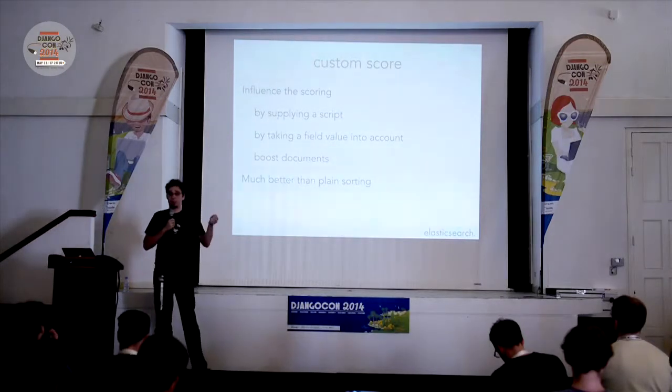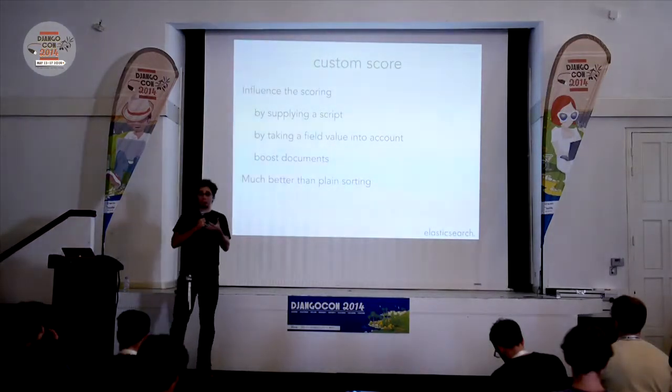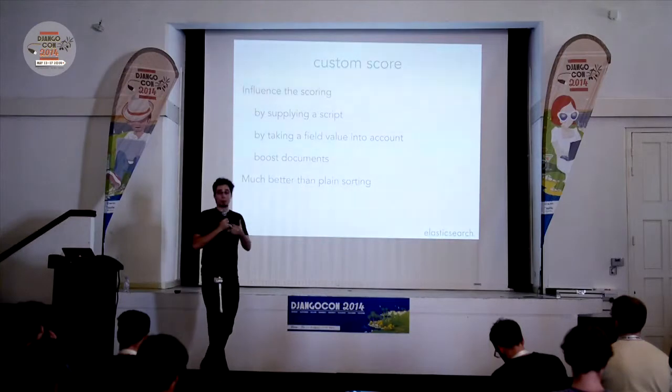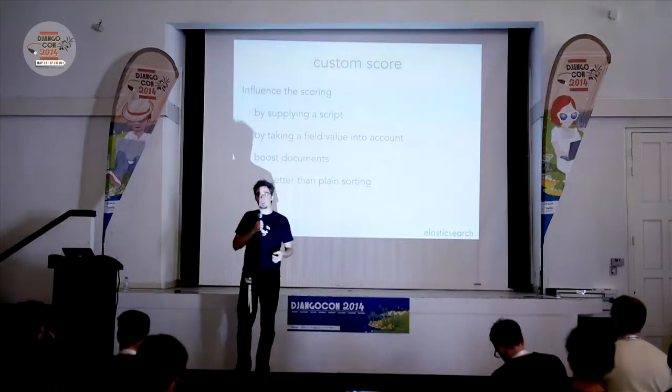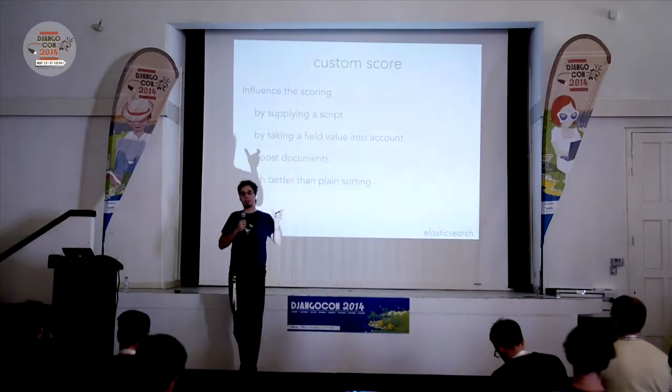You can even just plug in your own little script, your own little formula, for how to compute the score. So let's say you take the original score, you divide it by 2, you multiply it by 3, and then you add the third digit of pi.